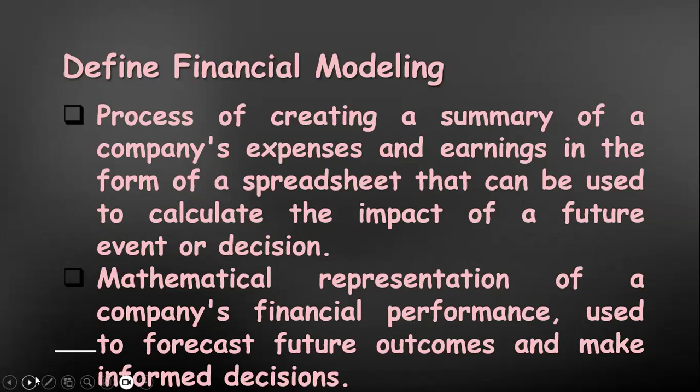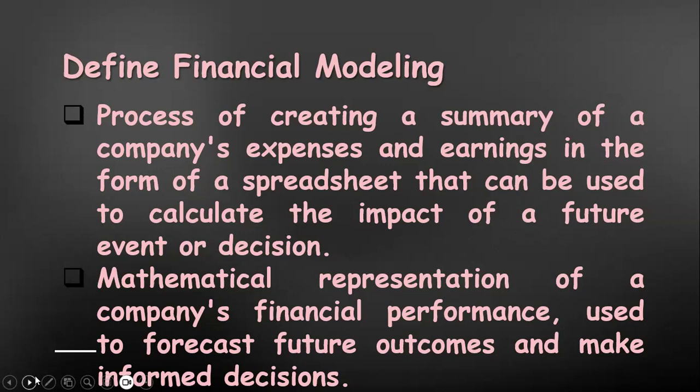It is a mathematical representation of a company's financial performance used to forecast future outcomes and make informed decisions. So in other words, it's a mathematical presentation in order to evaluate the past performance and to forecast the future performance.